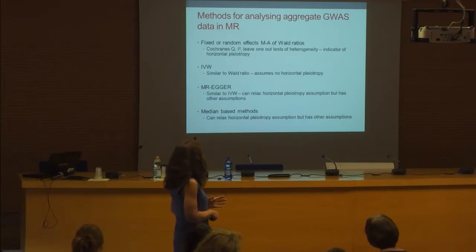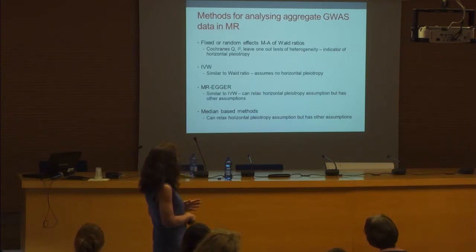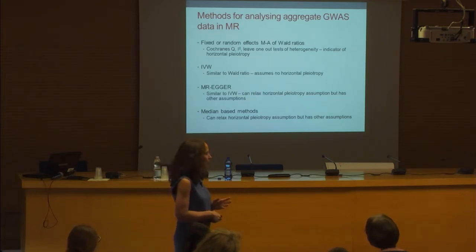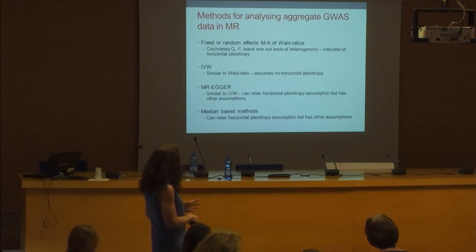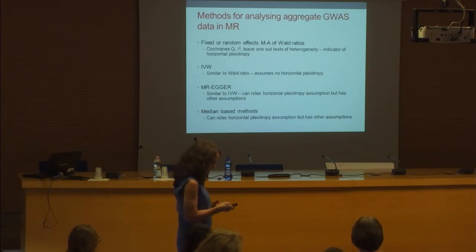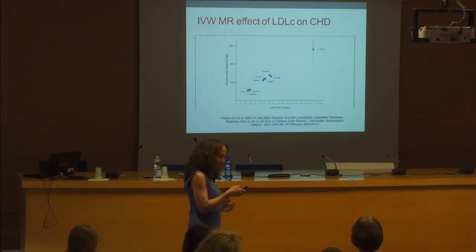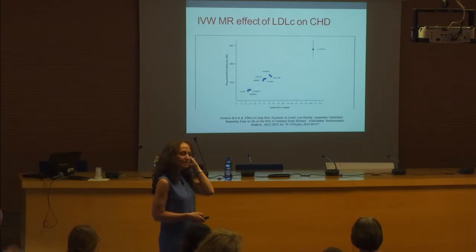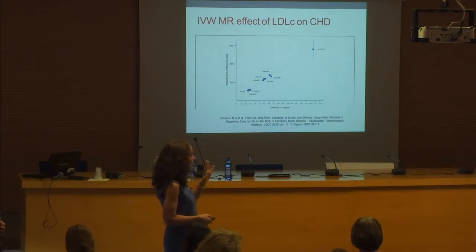It allows you to relax this assumption, but has some other assumptions of its own. The nice thing about these three in particular is they have quite distinct and different assumptions. So again, if you do these and you see things looking the same, you feel more confident that that's the true causal effect.